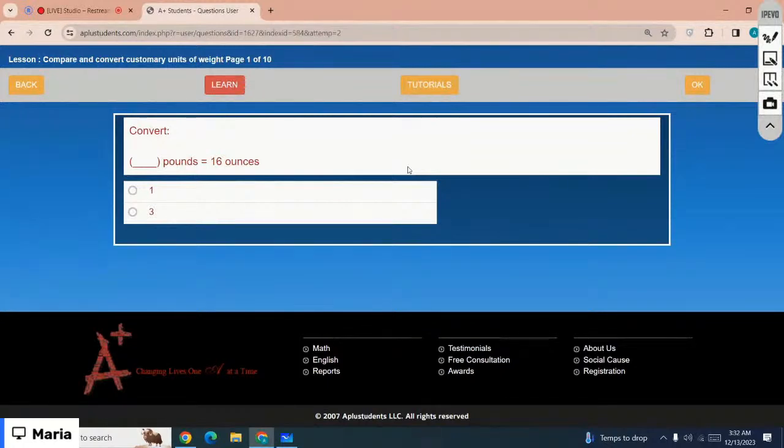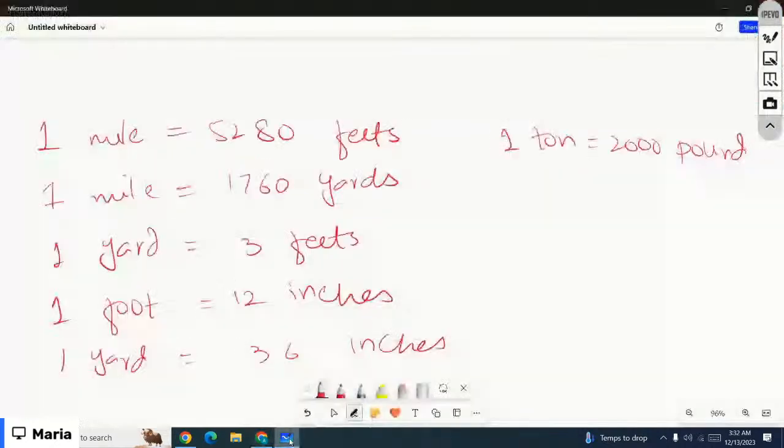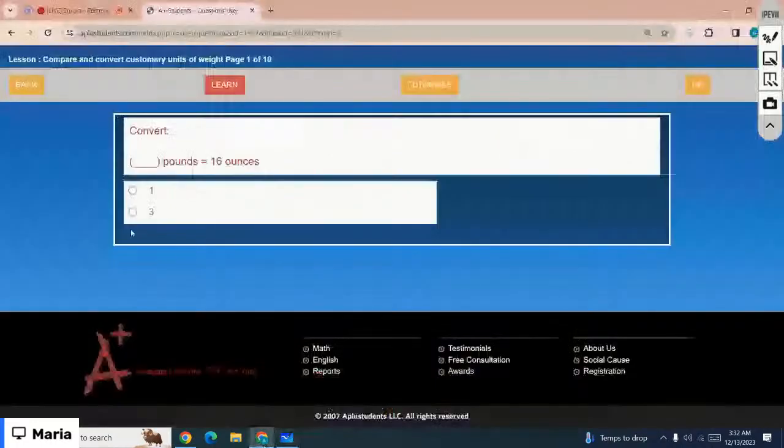You can note this down. 1 pound equals 16 ounces. The correct option is 1 pound.